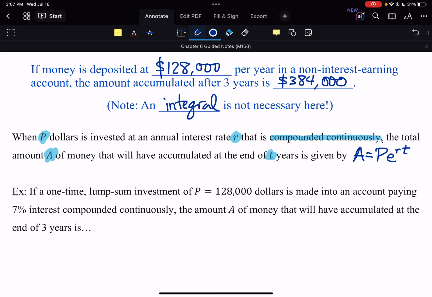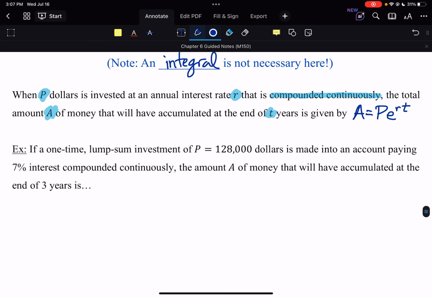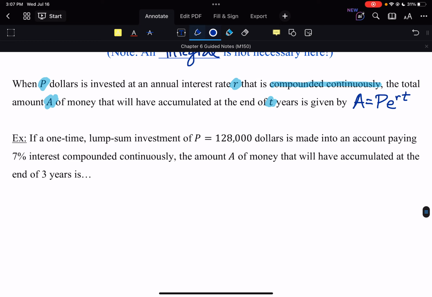P is the initial amount or the principal amount. That's why it's labeled P. E to the RT, we use the natural exponential function e when we're dealing with continuous growth. R is the interest rate. T is the number of years that have passed. So for example, we're taking that same $128,000.